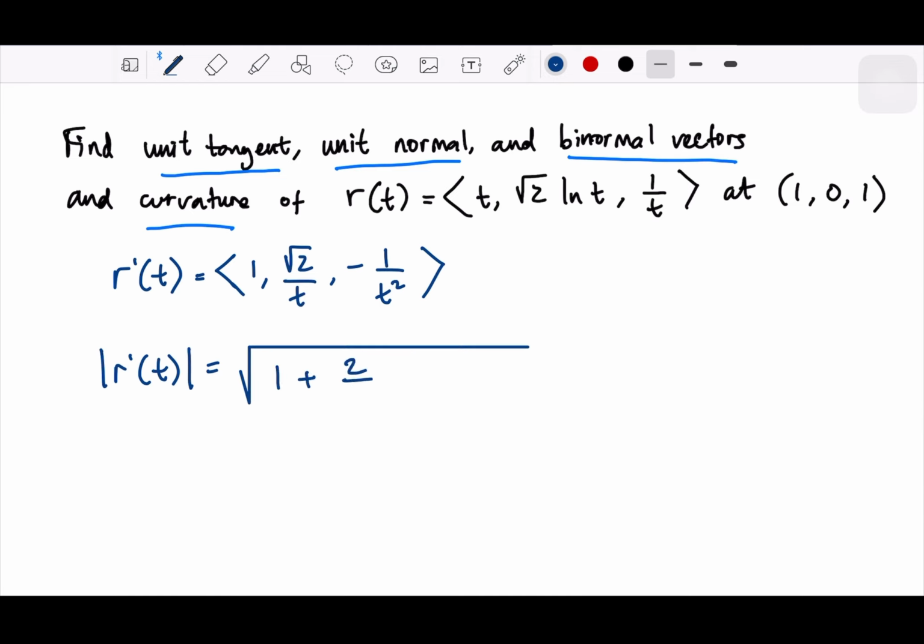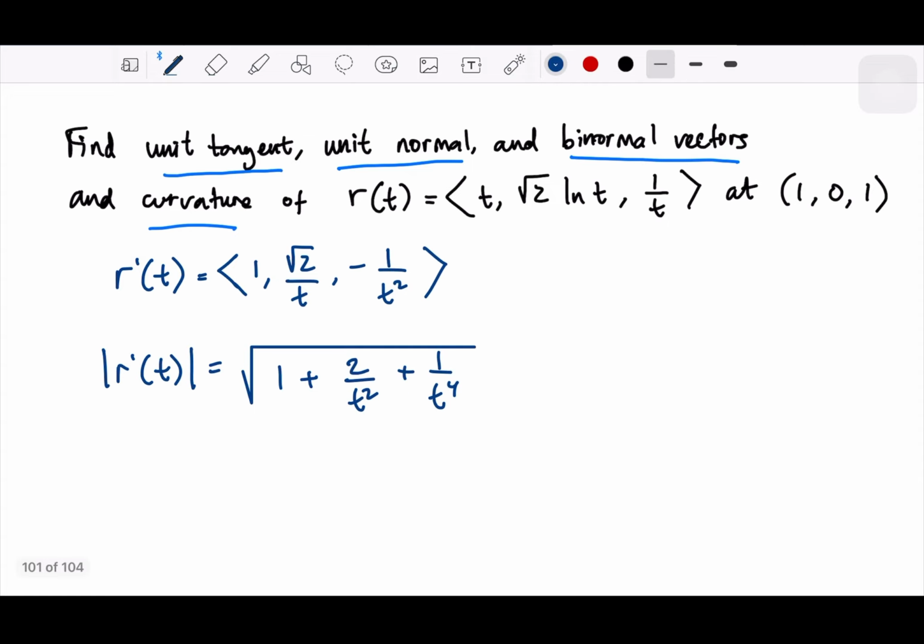One plus 2 plus 1 over T. So there are a lot of calculations through this unit tangent, normal and binormal. So we can take this 1 over T squared. So this will be T to the fourth plus 2T squared plus 1.